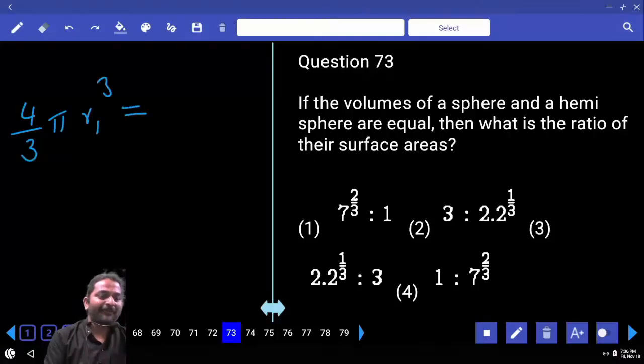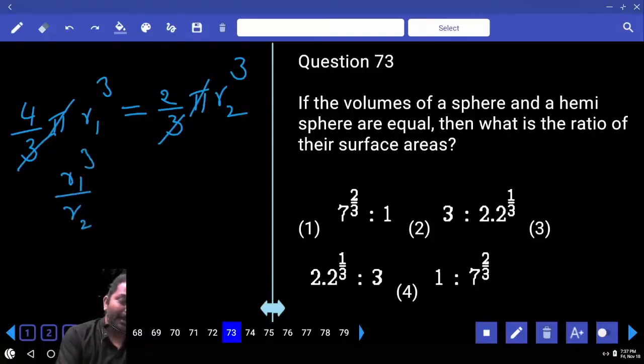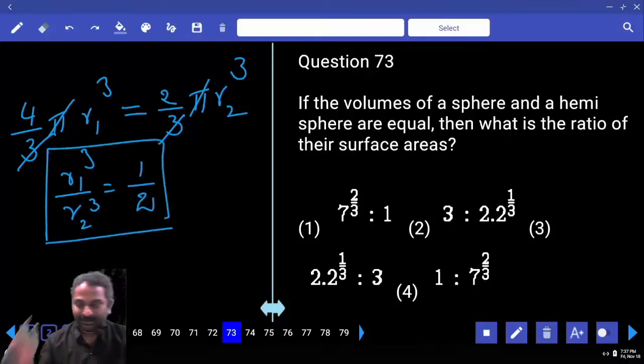Hemisphere in the sense exactly half, which is 2/3 of pi r cube. Both are equal, they said. Pi gets cancelled, 3 gets cancelled. r1 cube by r2 cube is equal to 1/2. Keep it aside. Continue.